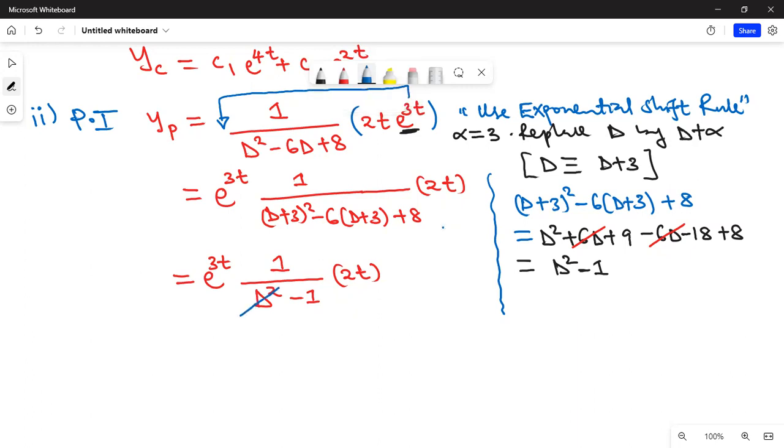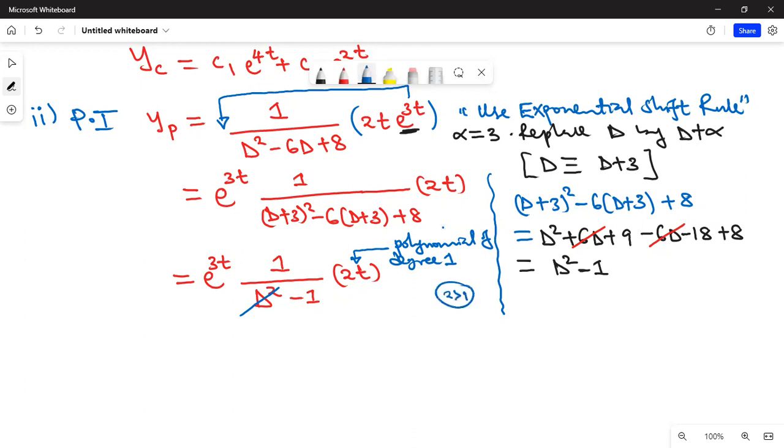Why? Because the degree of d squared, which is 2, is greater than the degree of the polynomial here, which is of degree 1. So we are dropping d squared because 2 is greater than 1.